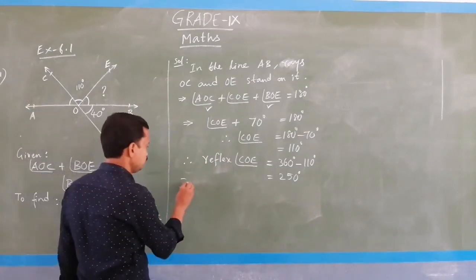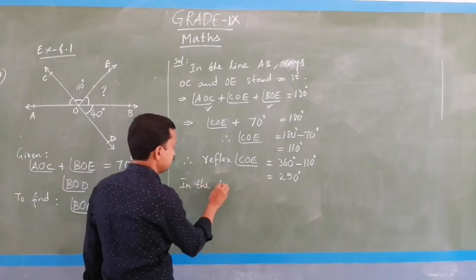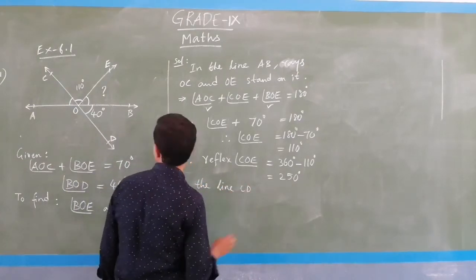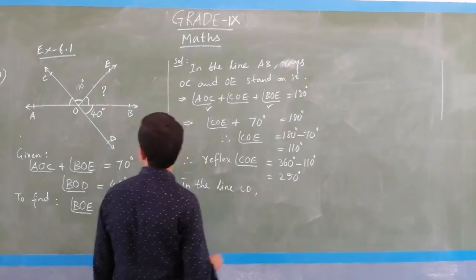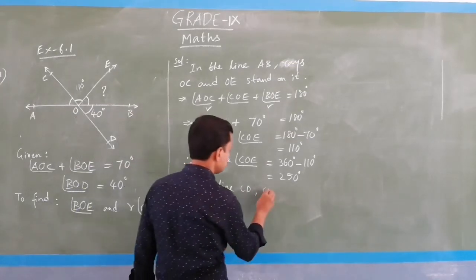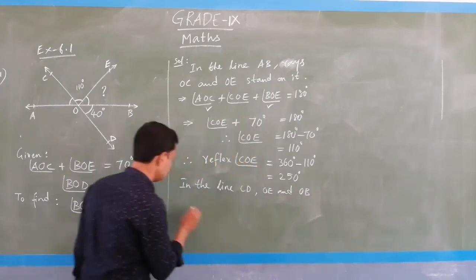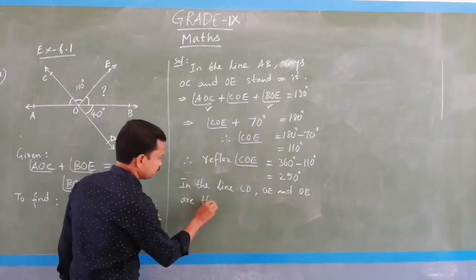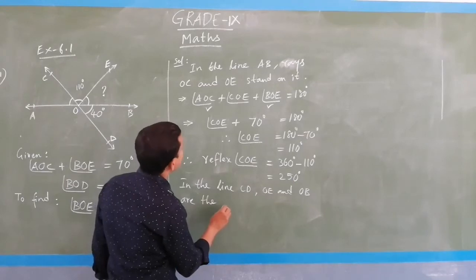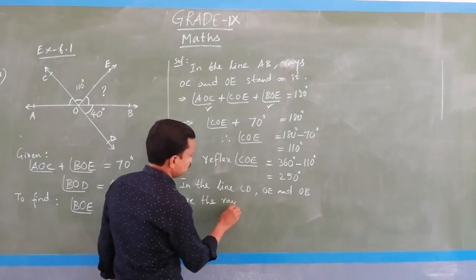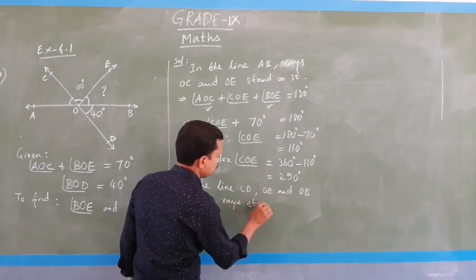So, in the line CD, OE and OB are the rays standing on it.